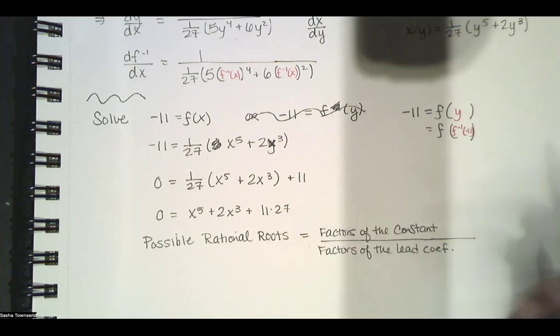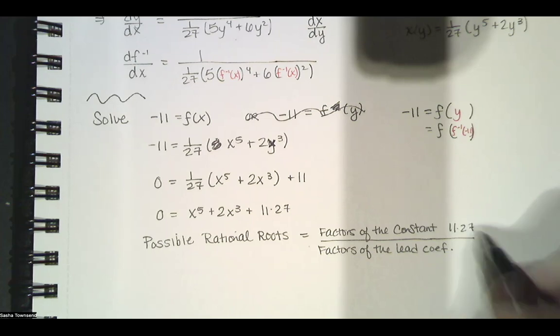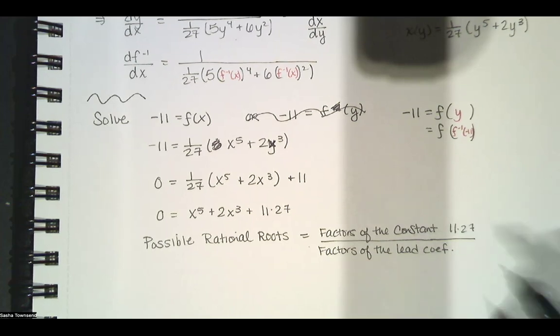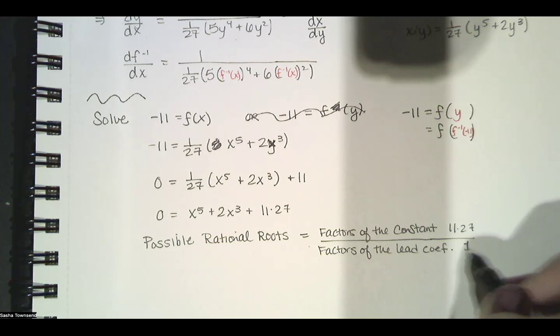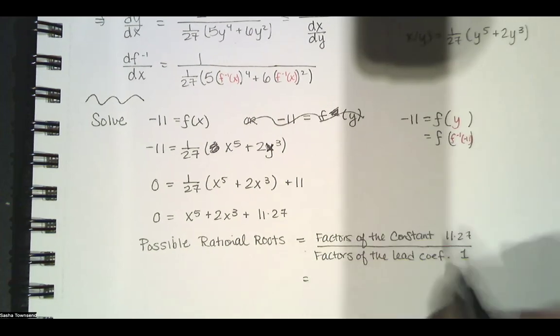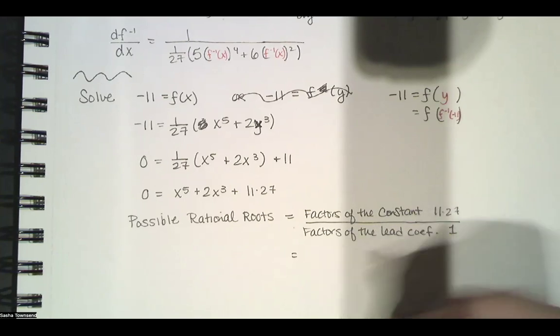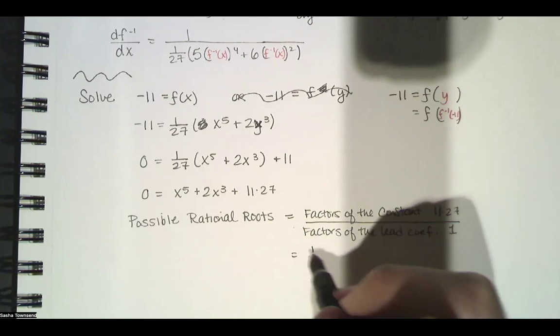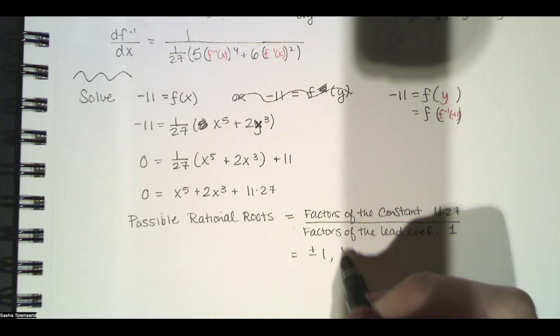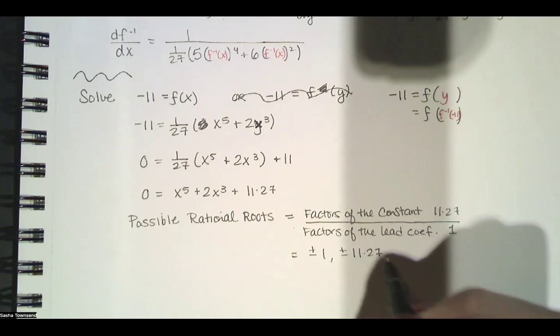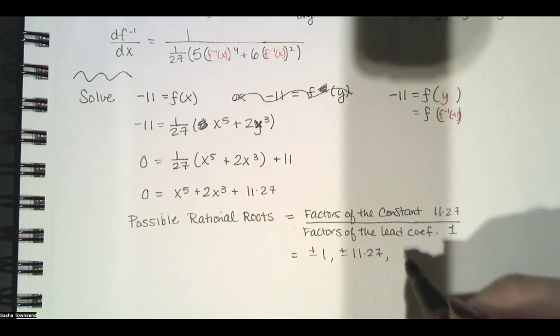The constant term in this case is 11 times 27. And the factors of the leading coefficient are, well, it's just the factors of 1. Okay, well, what are the factors of 11 times 27? Well, I guess you could use plus and minus 1 and plus and minus 11 times 27, whatever that number is. And then you could have plus and minus 3.